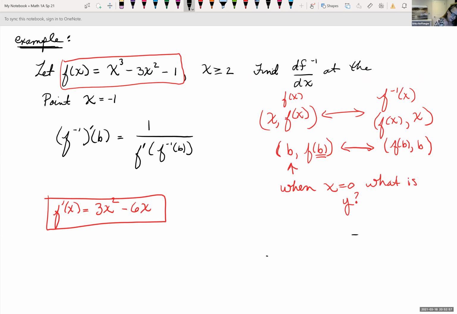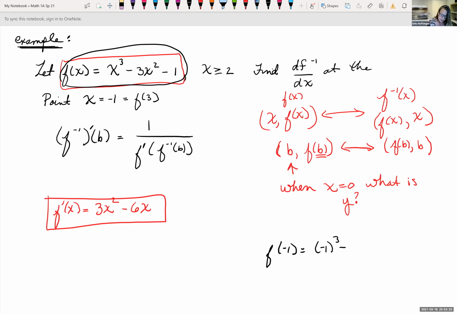This is the same thing as f of 3. So let's look at that, f of 3. Actually, let's look at f of -1. If we go back in here, we plug in -1 wherever we see an x, right? We would have -1 quantity cubed minus 3 times -1 squared minus 1. And so this is giving me -1, and this is -3 minus 1, which is -5.